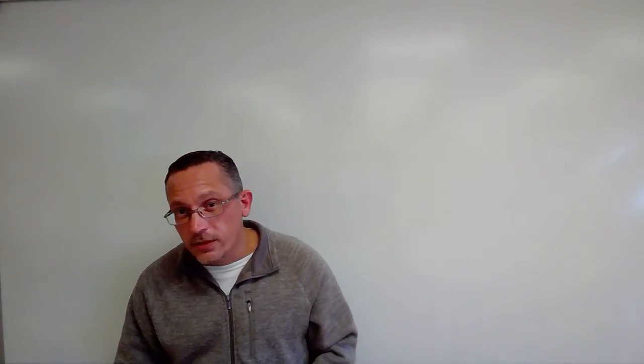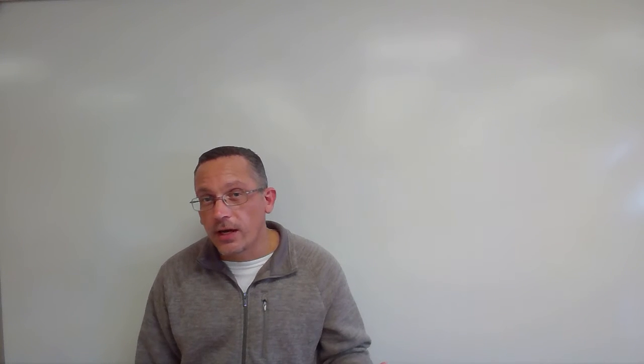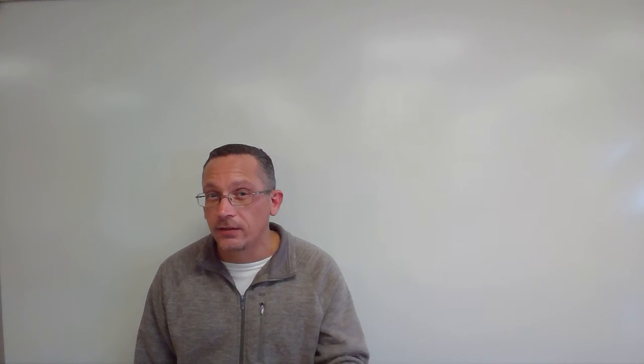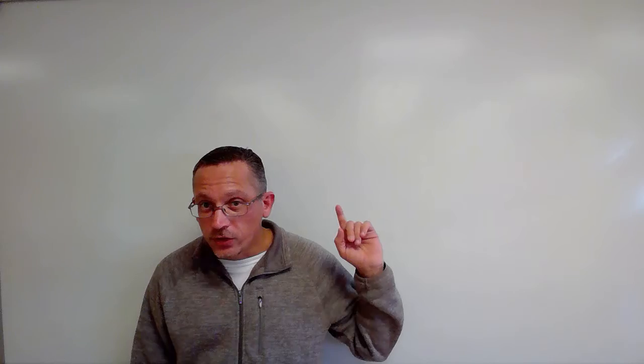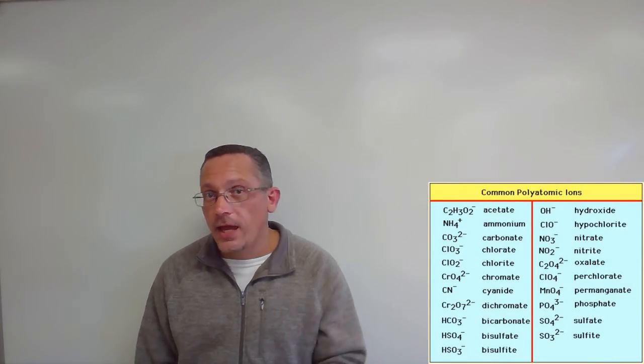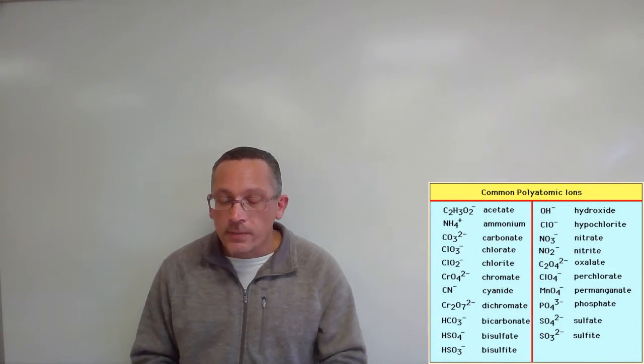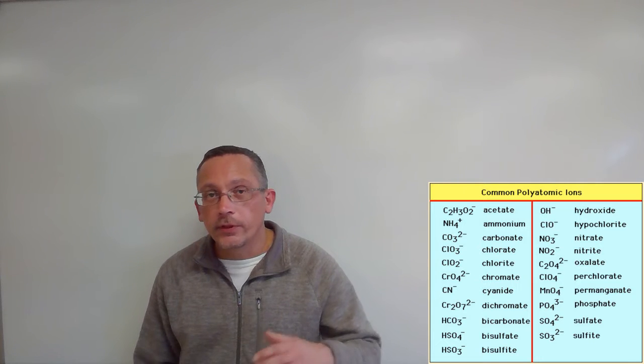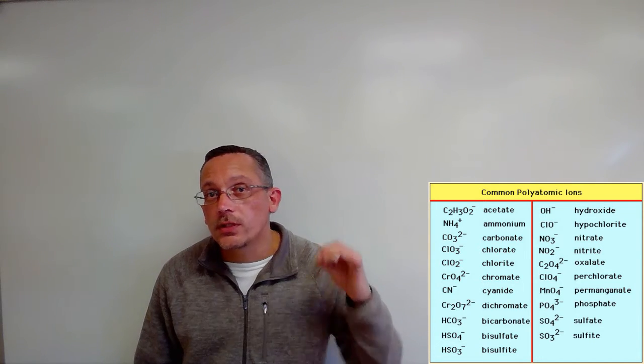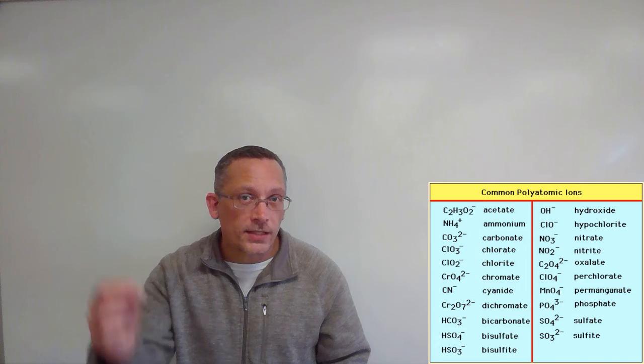It works very much the same way if you are writing a compound that involves a polyatomic ion. Okay, remember we had the chart for polyatomic ions, and you can look up the polyatomic ions there. Let's say I want to write the formula for a compound that forms between sodium and hydroxide.